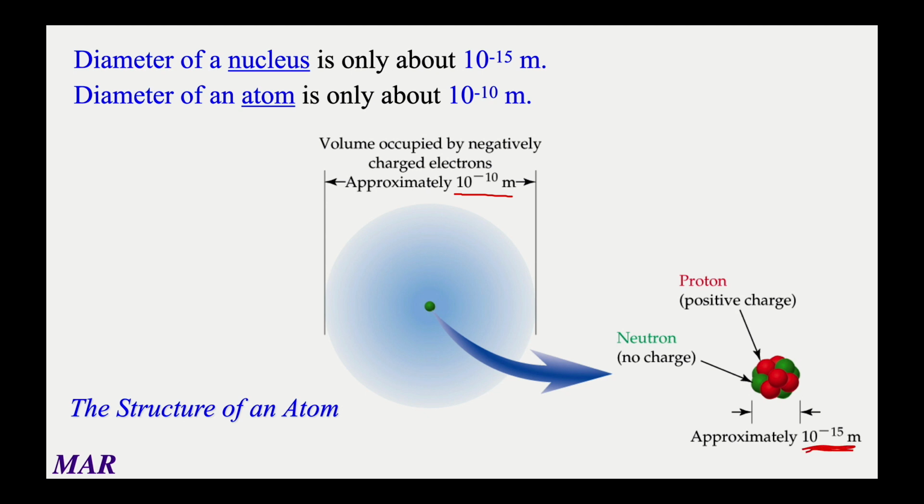So that nucleus is hyper small compared to the size of the atom. You could draw an atom and have a small dot in the middle. That would be closer to what the nucleus looks like relative to the atom. The atom is small too, but compared to the atom itself, the nucleus is really small. You can see many orders of magnitude smaller.